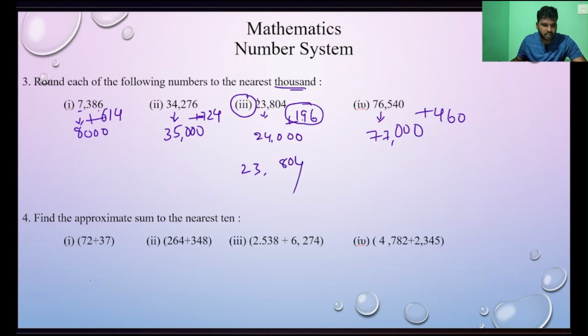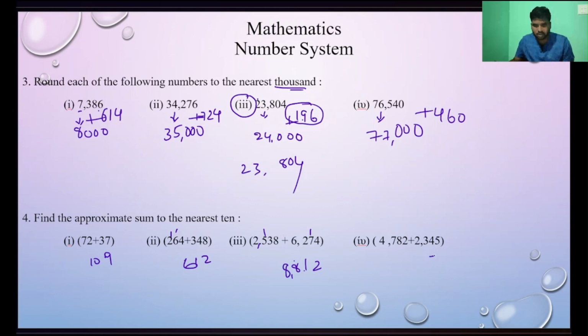Now moving on to the next question. Find the approximate sum to the nearest 10. Approximate sum means what? We should do addition for this. Then they didn't give anything. So 109 this one, and this becomes here 612, and this becomes 12. 8 plus 3 is 11, and 5 plus 2 is 7, 8, and 2 plus 6 is 8, 8,812 here.